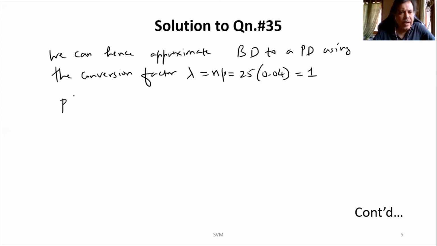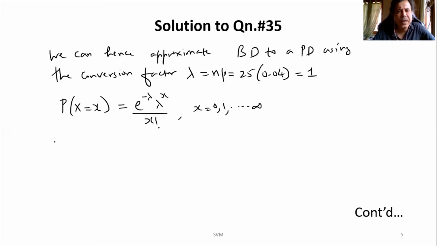So I can now write the probability mass function as e power minus lambda, lambda power x by x factorial, because we have approximated to a Poisson distribution. X is 0, 1, 2, and so on up to infinity.